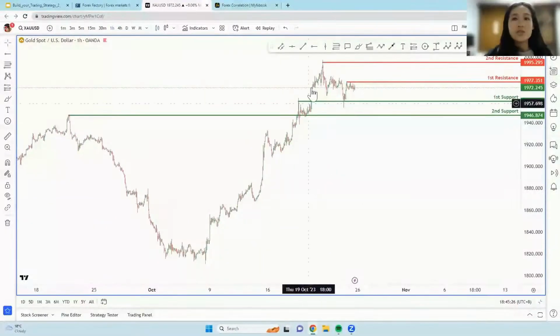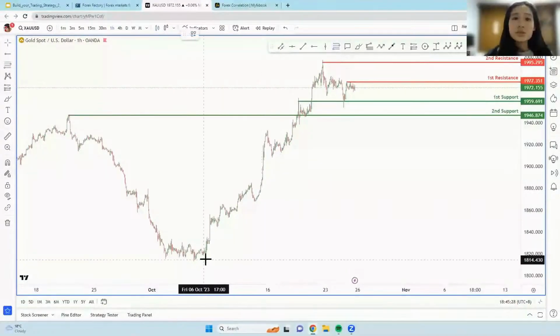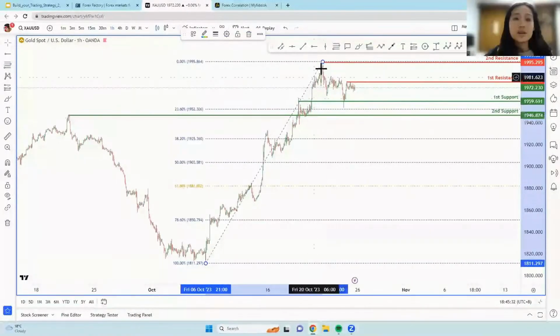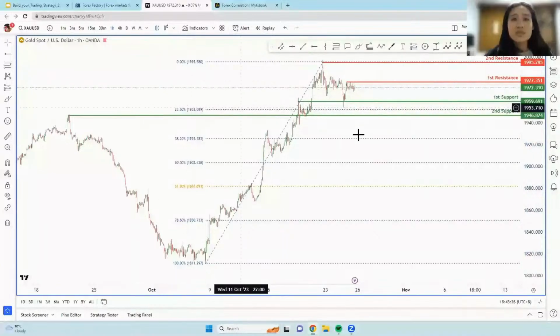And then now I'll go in with some Fibonacci levels to support my graphical levels. Okay, and I can see my 23.6 lines up with my second support.